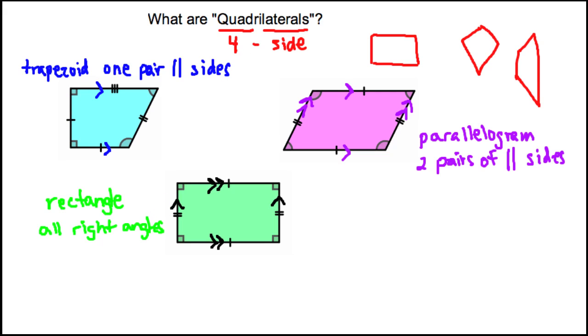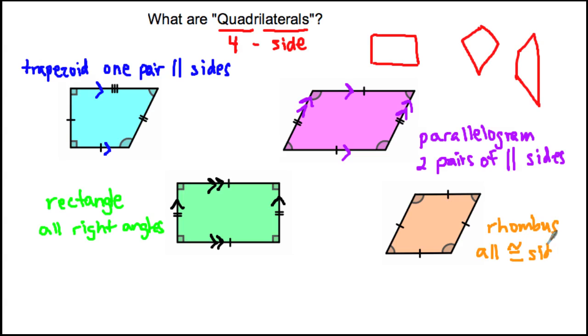There's another type of special parallelogram that focuses on the length of the sides. And this is what is known as a rhombus. A rhombus is a special parallelogram that has all congruent sides. And you can see from the little tick marks here that yes, all 4 sides are congruent.